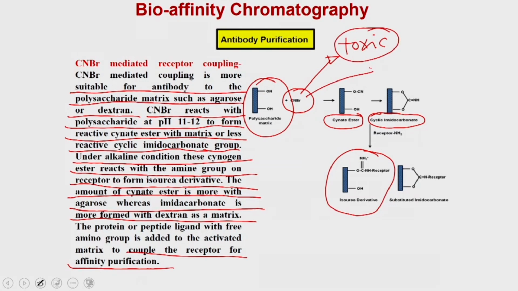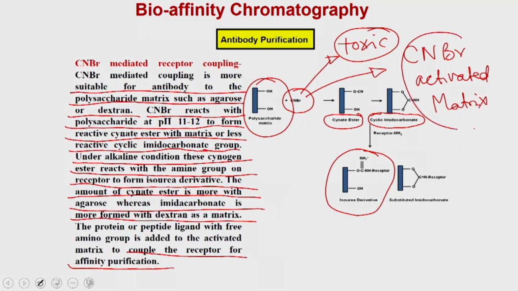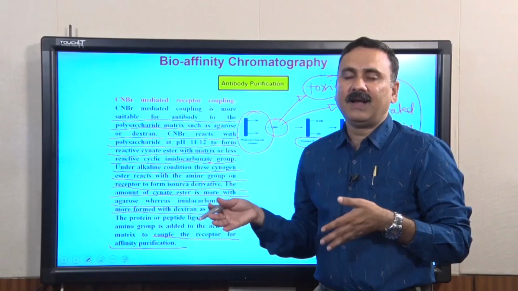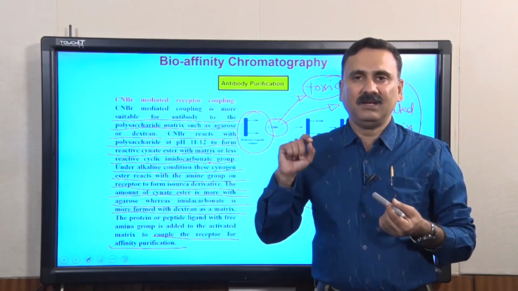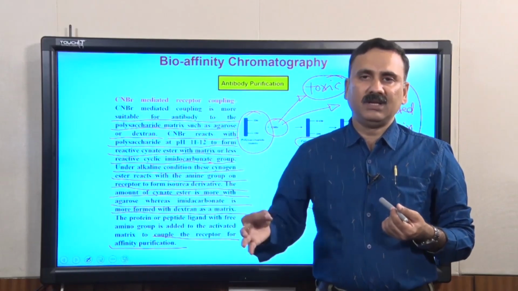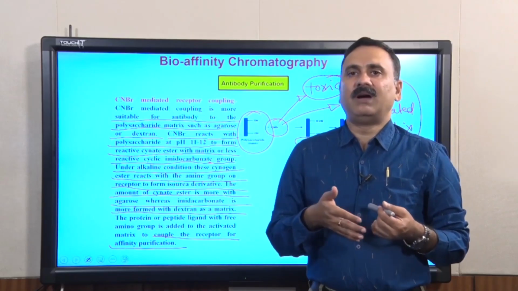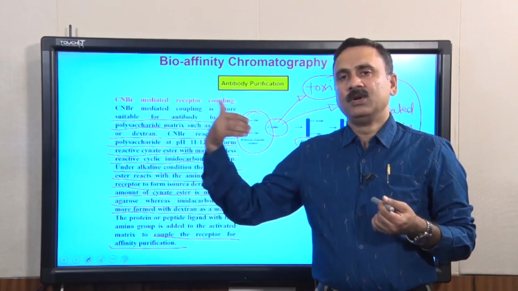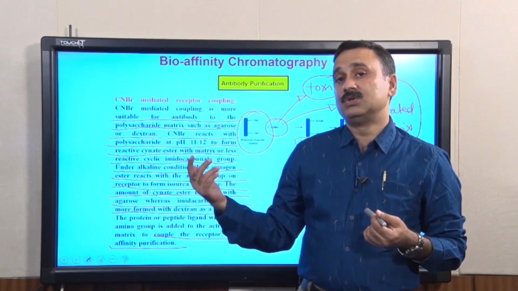That is why its availability is restricted, and instead of doing this whole activation, you buy the CNBR activated matrix from the vendor and simply add the proteins, antigen or antibodies, which have free amino groups, and that is used to couple them to the matrix.